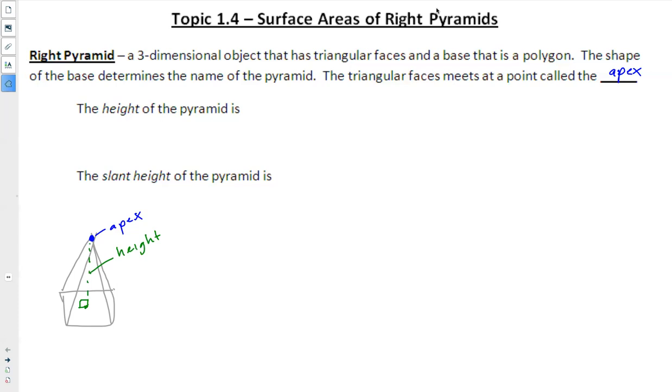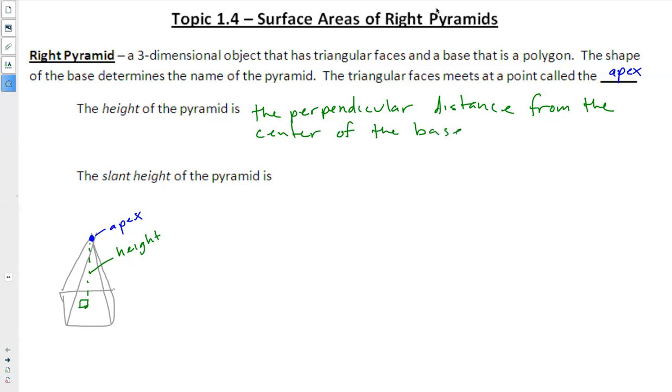Just to put that into words, the height of the pyramid is the perpendicular distance, so it forms a right angle, from the center of the base to the apex. All right, so that is the height.